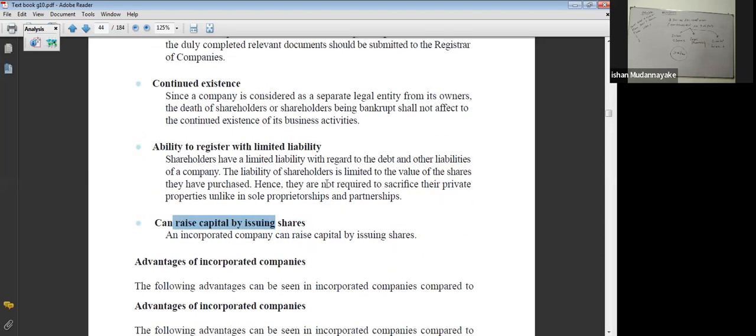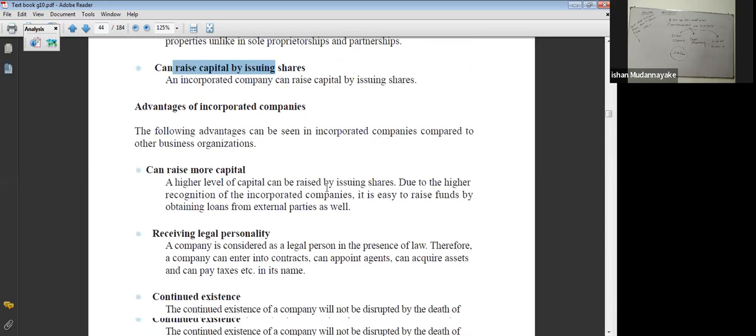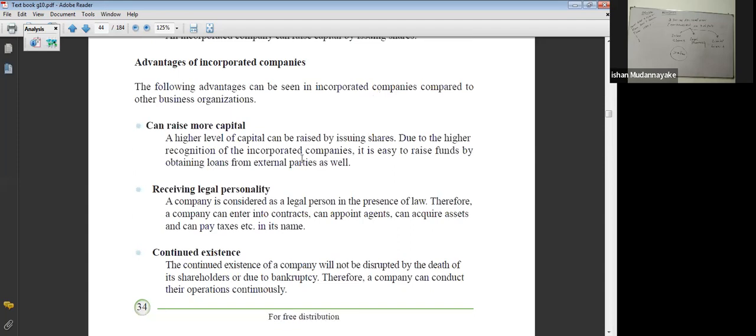Now, quickly we will move into advantages in an incorporated company. What are the advantages in an incorporated company? First one.